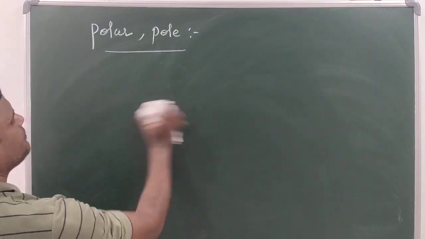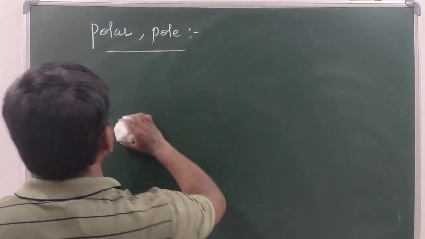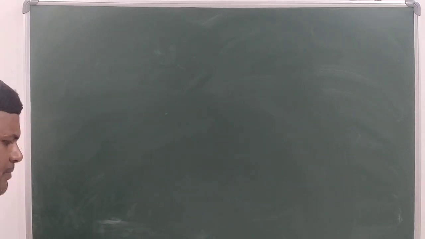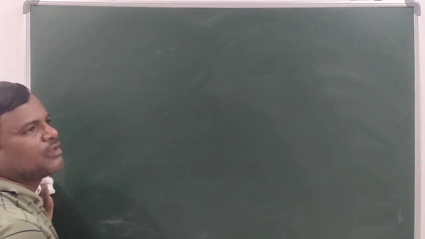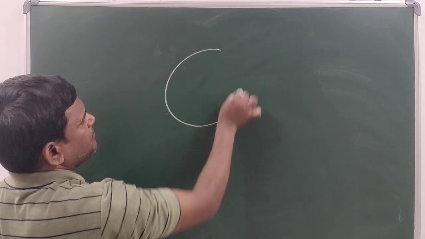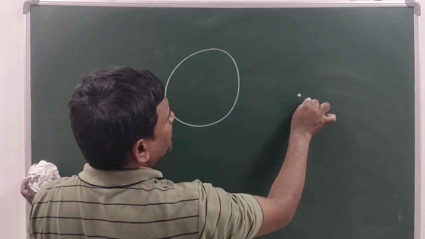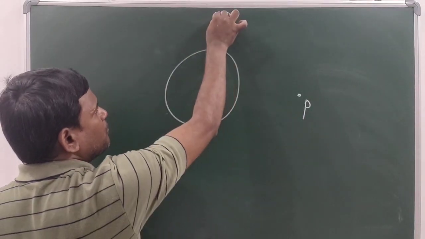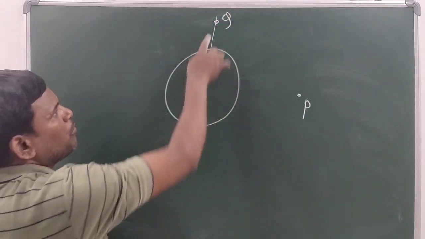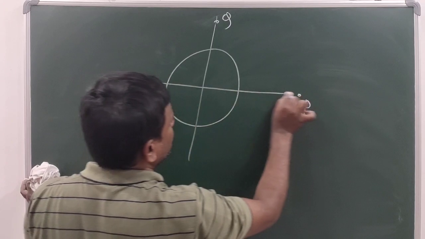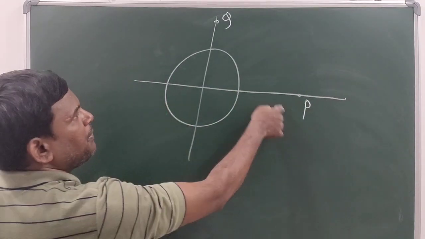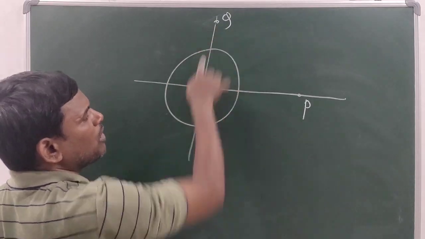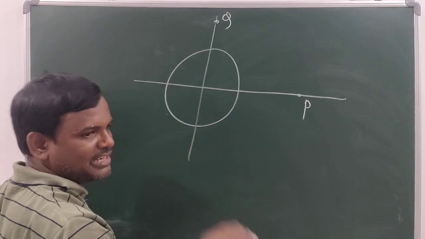Next. See, there is one point P here, one point Q here. Polar of P is passing through Q, polar of Q is passing through P. Then P and Q are called conjugate points and these two polars are called conjugate lines.